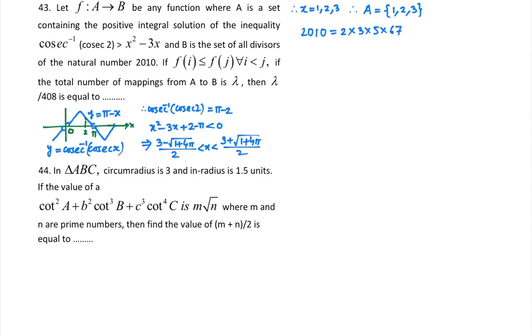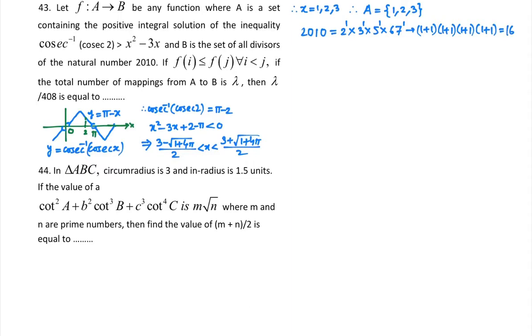Therefore, the number of divisors will become, since all these 4 are prime numbers and the power is 1, 1 plus 1 into 1 plus 1 into 1 plus 1 into 1 plus 1, and so this is 16.